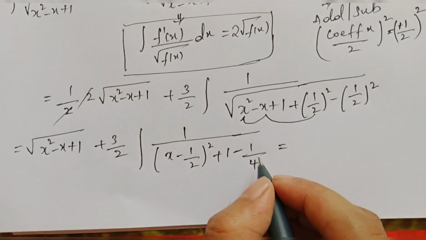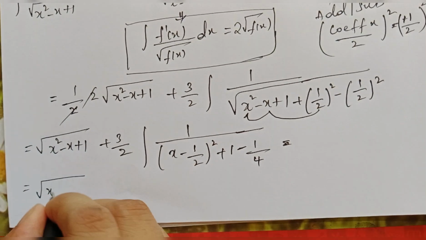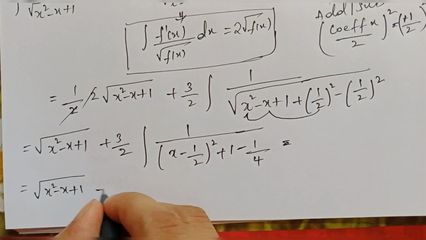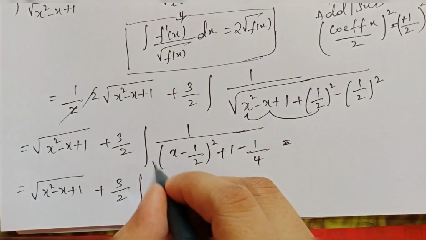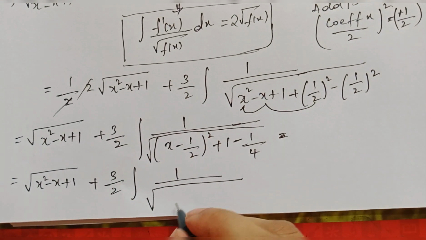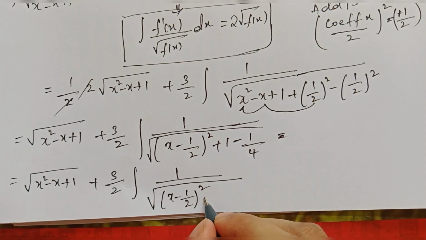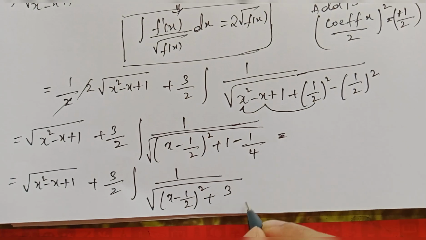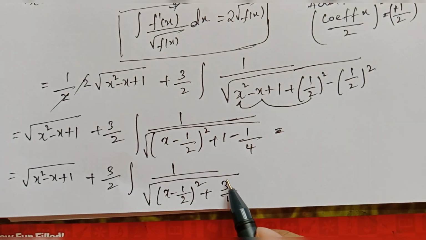Okay, so this will be the same: root of x square minus x plus 1 plus 3 by 2 integral 1 by, I have missed the root here, it is under root of x minus 1 by 2 whole square, and here it will be plus 3 by 4. Now we should write the second term in the square form.